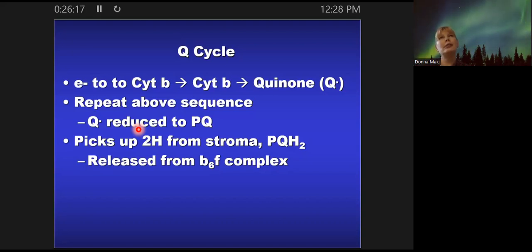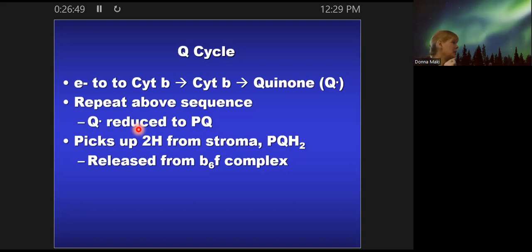And every year, at any conference I go to, I always try to pick the brain or go to a seminar, and they still haven't quite figured out what happens to that PQH2. The current thought is it gets involved in the light reactions in different areas of the thylakoid. But anyway, for our purposes, what you can say is that this PQH2, part of the cytochrome B6F, is released, and we're not quite sure what happens next to that PQH2.